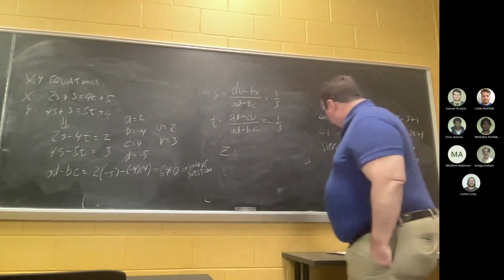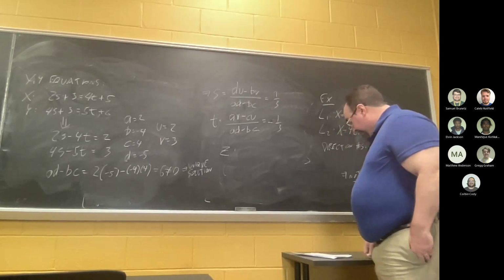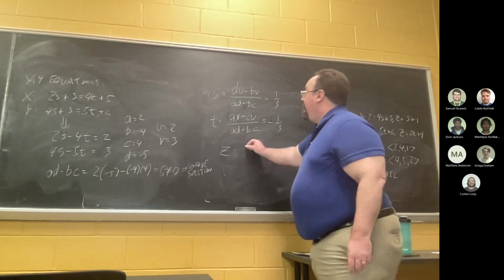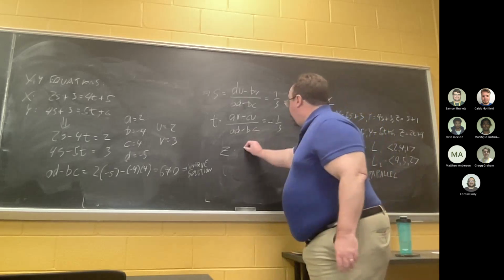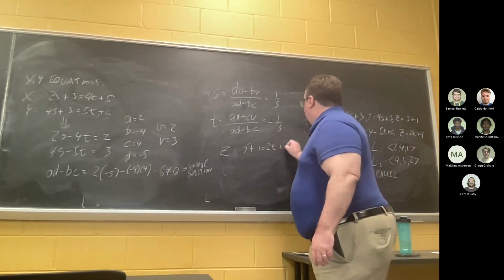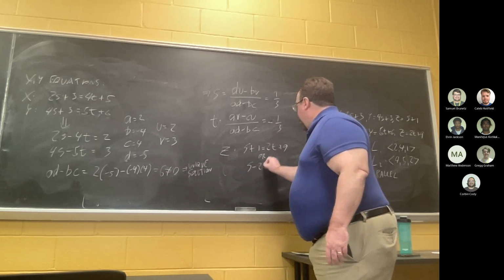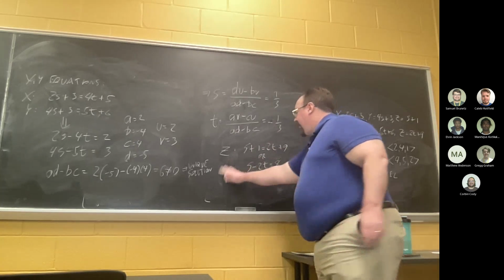Now we recall the equation for Z components: S plus 1 is equal to 2T plus 9. Or if you rewrite that, S minus 2T is equal to 8.